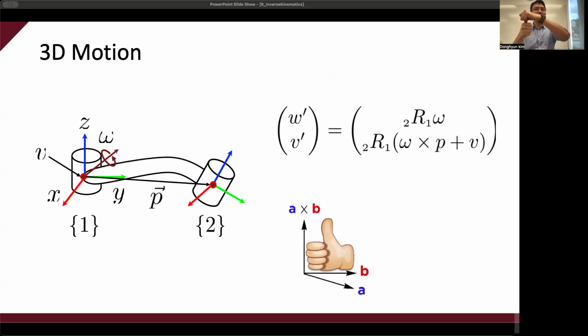Then the thumb points in the direction of the resultant vector, omega cross P, which gives us the linear velocity direction. Adding up the linear velocity and the rotation, that's it, right? That's all we have to do. And question?